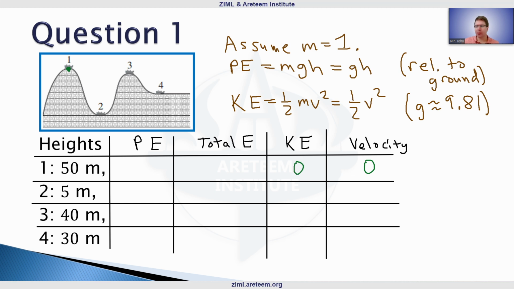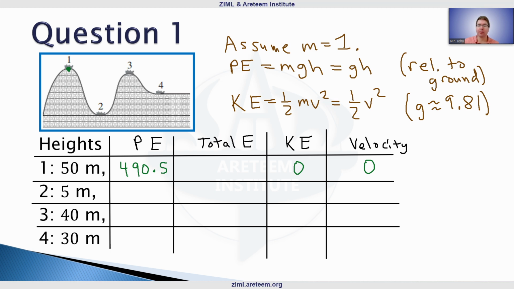So if we talk about the potential energy, 9.81 times the height of 50 meters, these are all going to be approximate, but let's say we have roughly 490.5.